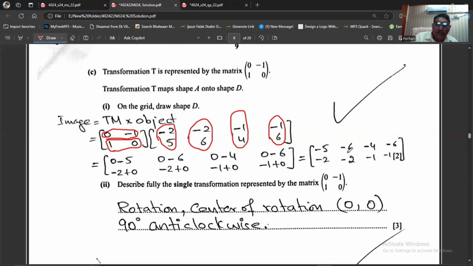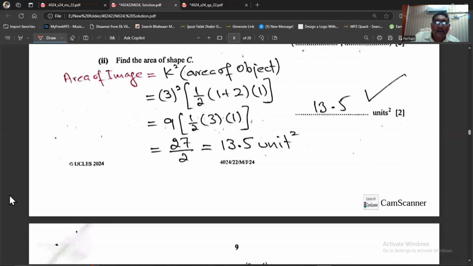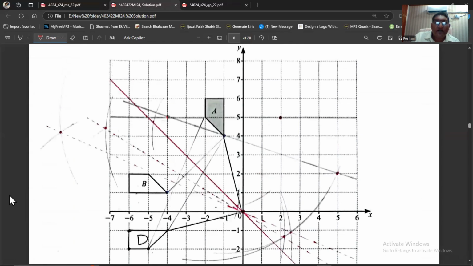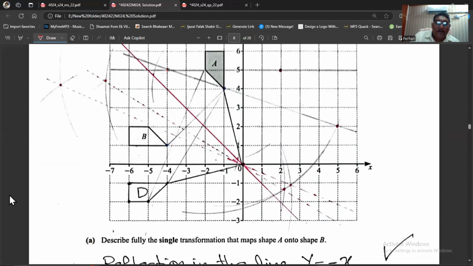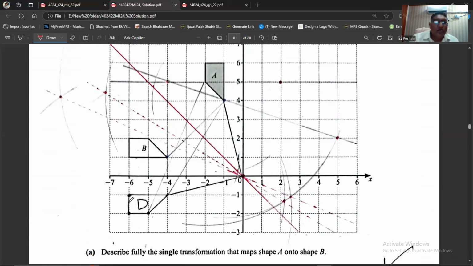This represents the coordinates of the image: -5, -2; -6, -2; -4, -1; and -6, -1. So these are the coordinates of that diagram D. Now we will go on our diagram and plot -6, -1; -6, -2; -4, -1; and -5, -2.